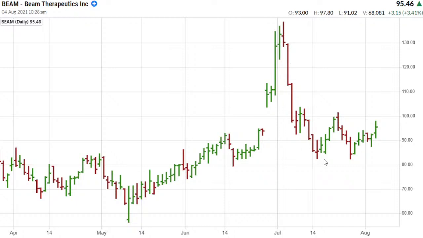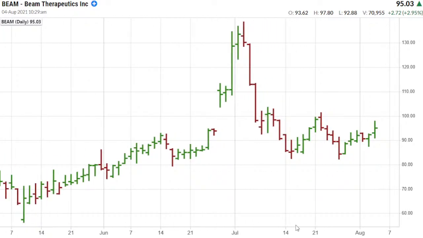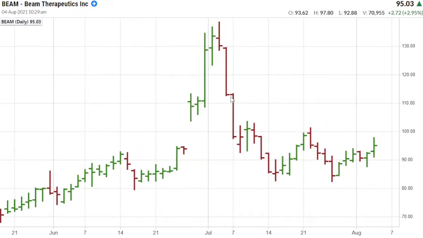I liked this one when we first looked at it, and I believe it was back here, but it didn't quite trigger in on this first bounce, which is probably a good thing. Let me zoom out a little bit. This has got a pretty good look to it.